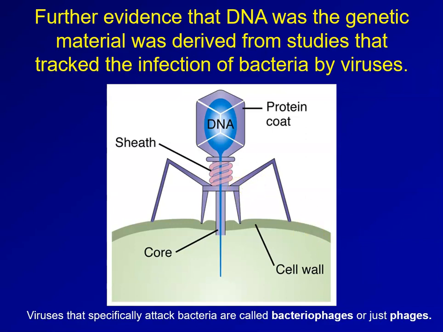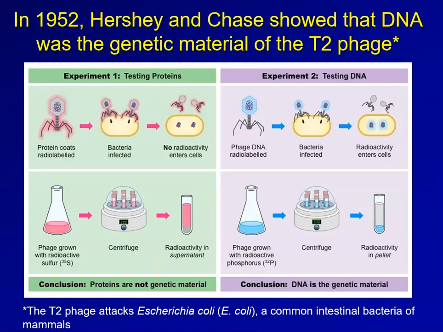So they knew that the bacteriophage was mainly composed of protein and DNA. And if you recall, those are the two chemical compounds that were being looked at as which one is the molecule of heredity. Is it the DNA or is it the protein? So this group did an experiment using radioactive labels for the protein and the DNA to see which of those would be transmitted into the bacteria where then replication would occur.